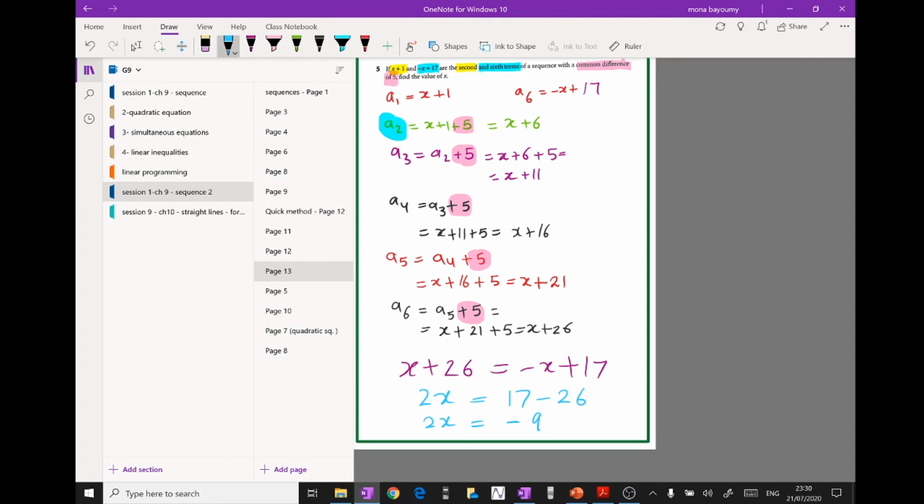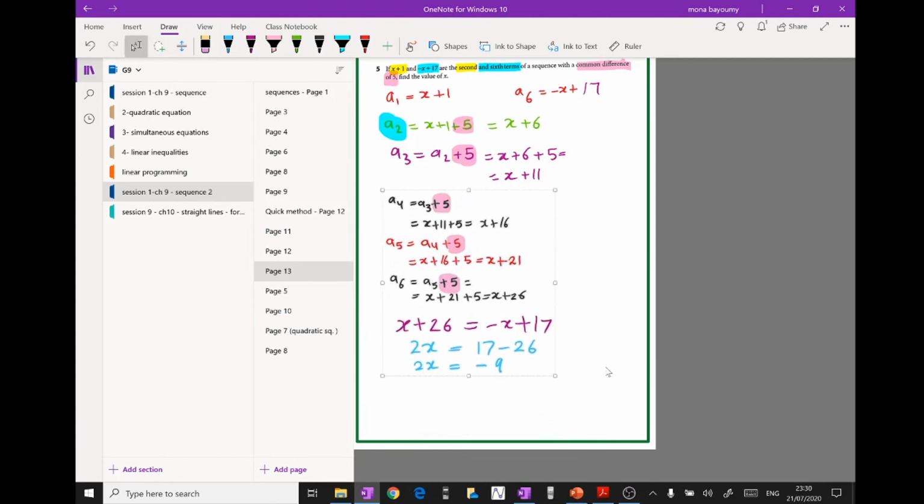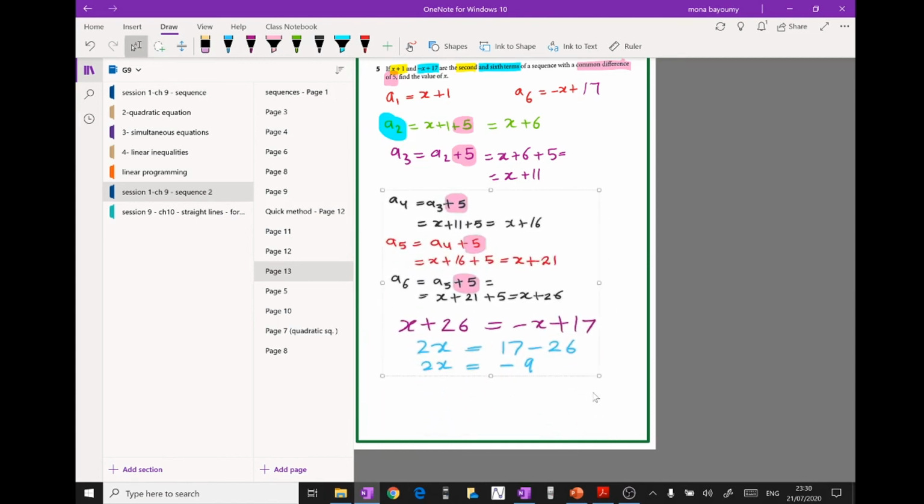Okay, to find the value of x, I have to divide both sides by 2. 2x divided by 2, and negative 9 divided by 2, so x is equal to negative 4.5. Okay, and this is our answer.